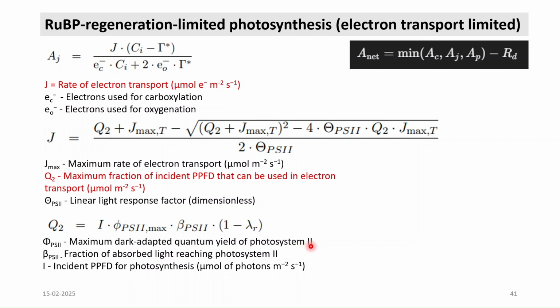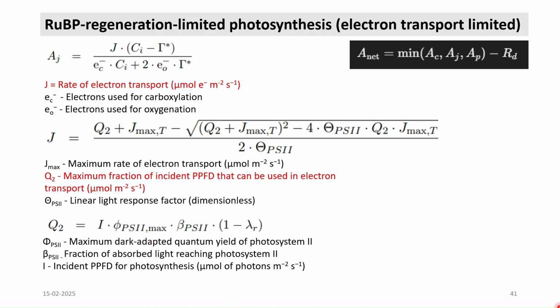So it is in photosystem 2 that the light energy is used for exciting the electrons that are produced as a result of oxidation of water. So maximum dark adapted quantum yield of photosystem 2 is what theta PS2.